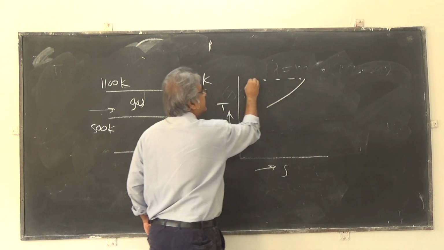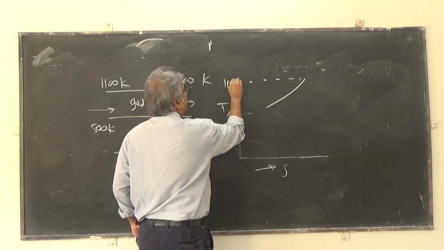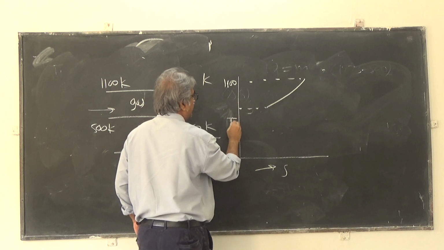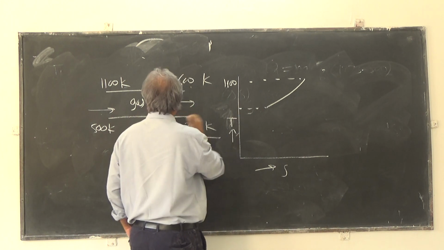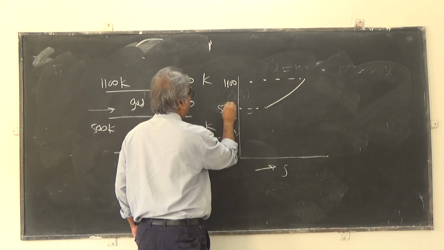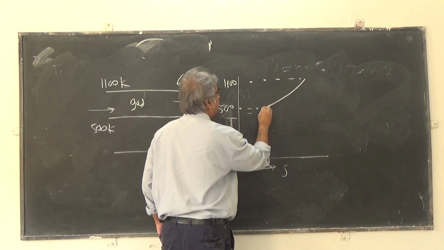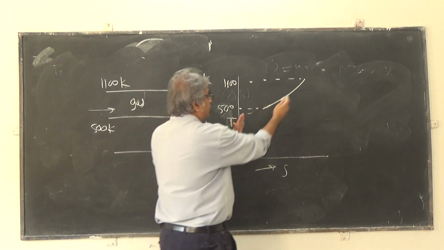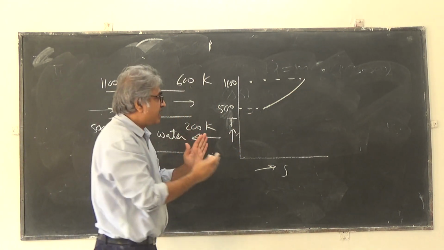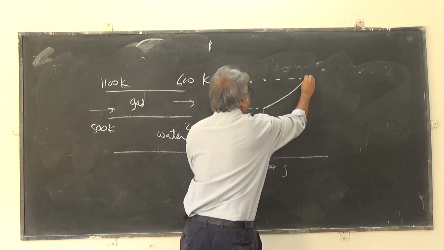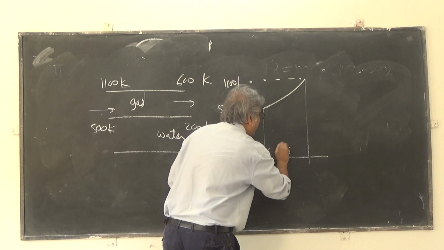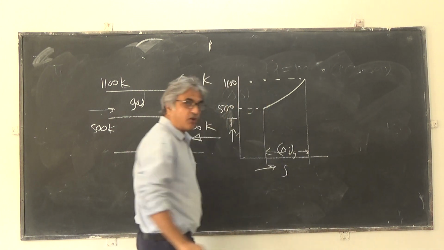So let's say this is 1100. This is the drop in entropy. Now this is the temperature profile. Now see, the drop in entropy will be this. Okay, we can say this is delta Sg. This is the drop in entropy.